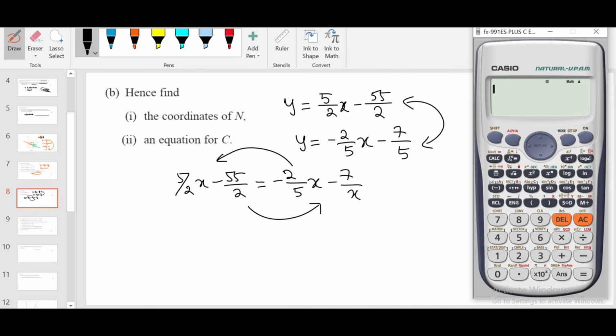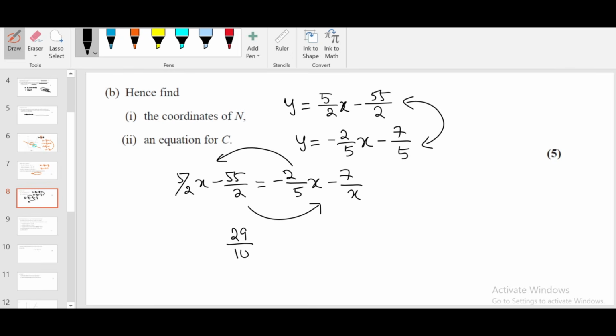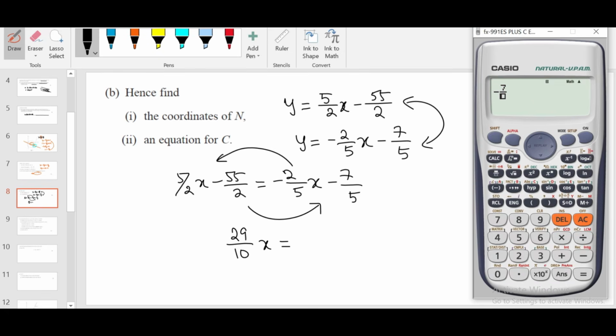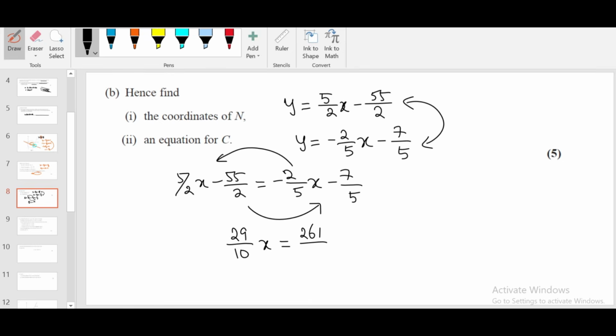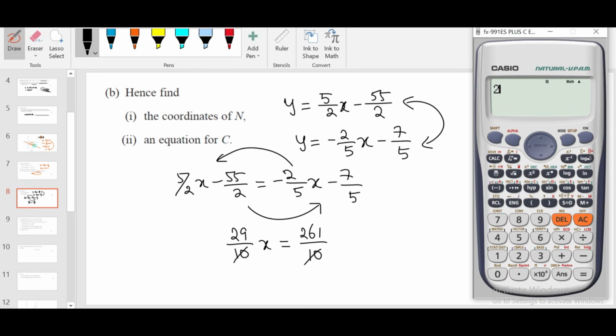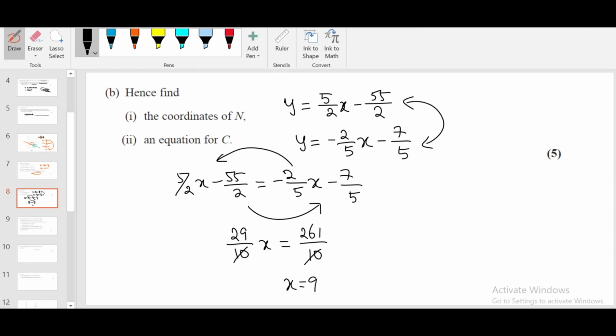So 5/2 plus 2/5 is 29/10x is equal to, so not 7/x, it's 7/5, minus 7/5 plus 55/2, 261/10. 10 can be cancelled, so 261 divided by 29 is 9. x is equal to 9.